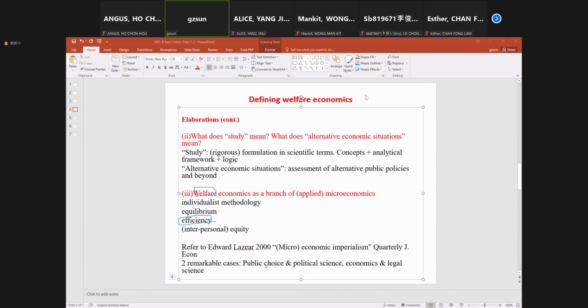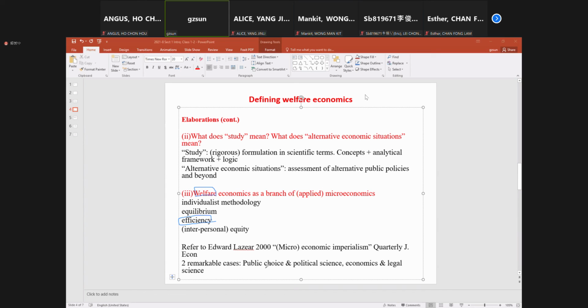So if some of you do have difficulty reading the paper, don't worry, just give up. It's not a big deal. But I still encourage you to go as far as you can. It's a really very rewarding reading process. You can learn much. I guarantee, I promise. You can really learn much if you can follow his argument.